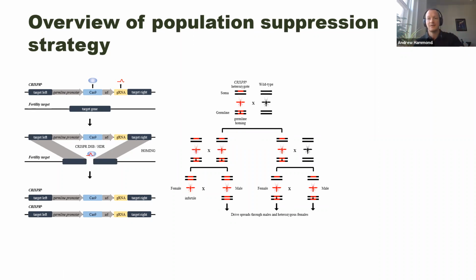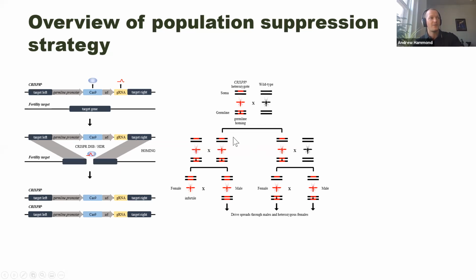And because it contains that female fertility gene, heterozygous gene-drive mosquitoes are fertile, even though their germline has been converted to homozygosity. So it's only when you inherit the gene drive from two gene drive parents are you fully homozygous in the somatic tissue and the germline.